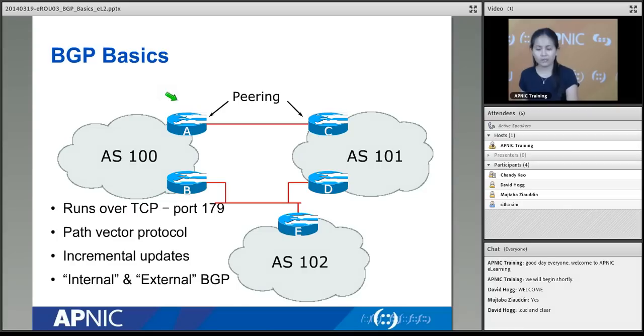So you see here that router A from AS100 is connected to router C of AS101. Same with routers B, D, and E, they also have direct connections. So that's essentially how it works. Peering is done on point-to-point links between the shared media.